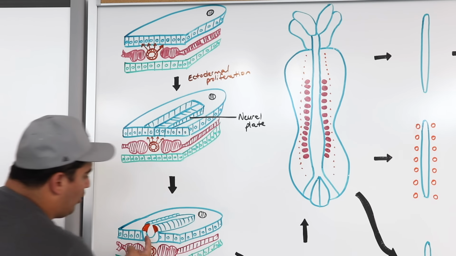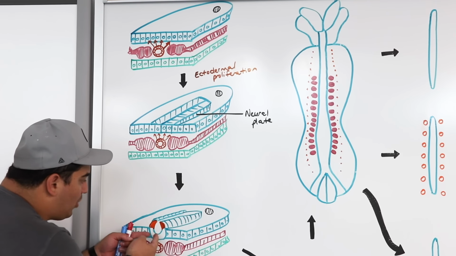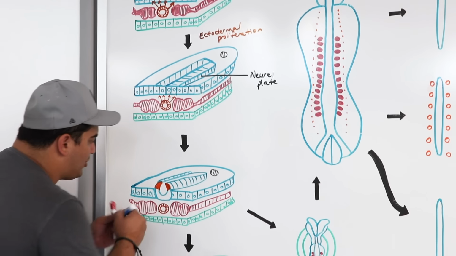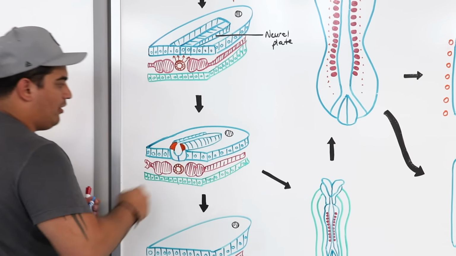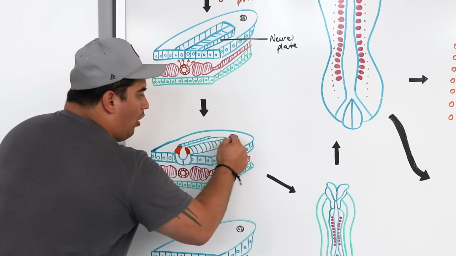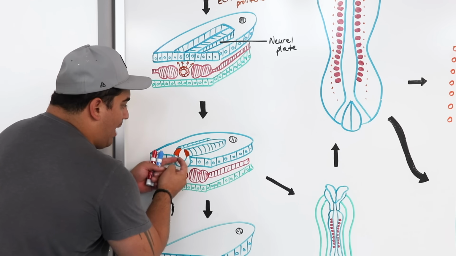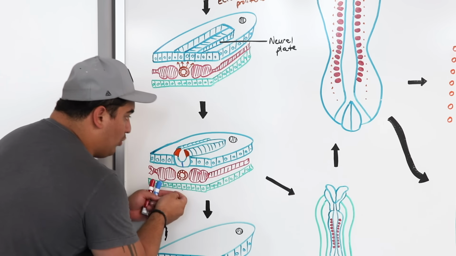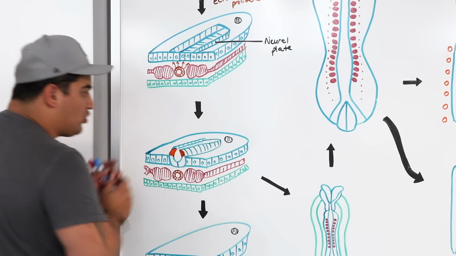As that begins to occur, look what we get next. Remember that part I said was here at the bottom? Imagine here is that line that we had, spanning all the way from where we had the primitive pit up to the prochordal plate. From that part, it's pulling down, it's involuting, and the edges of the plate are starting to move towards one another.